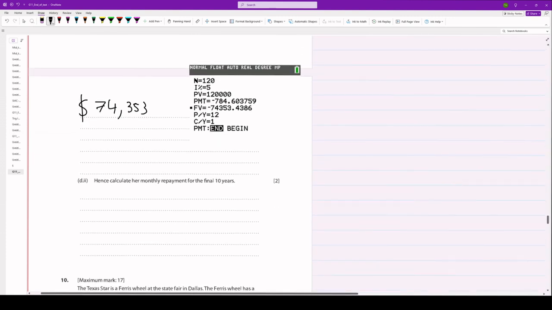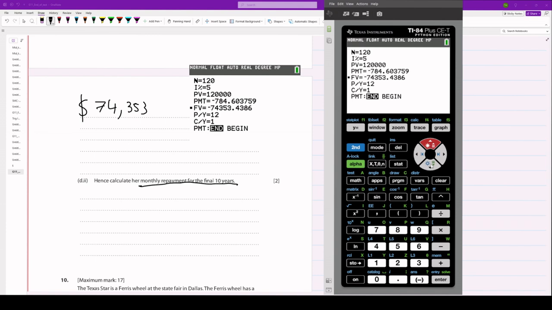Hence, calculate the monthly repayment for the final 10 years. Okay, well, that means that the final payment or final value becomes the starting value, 74,353.4386. I'm paranoid. I will write in all the numbers.